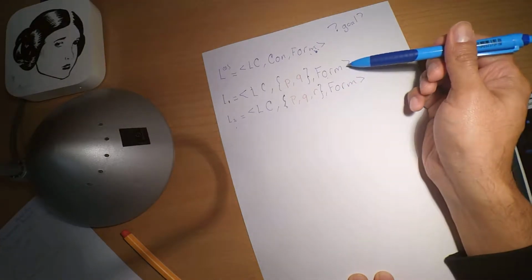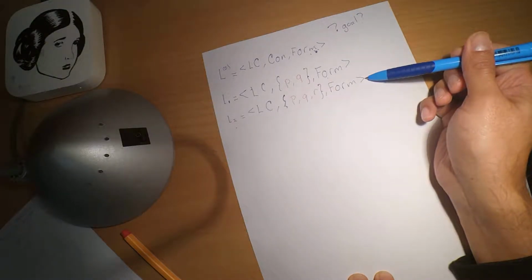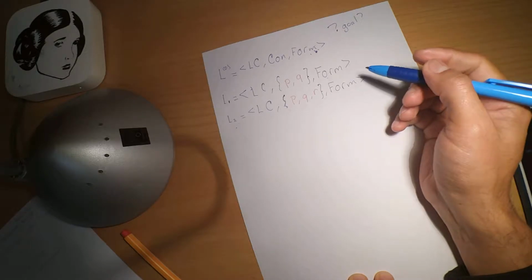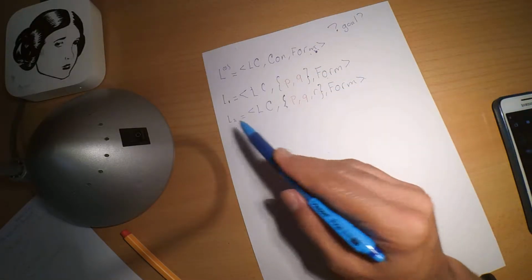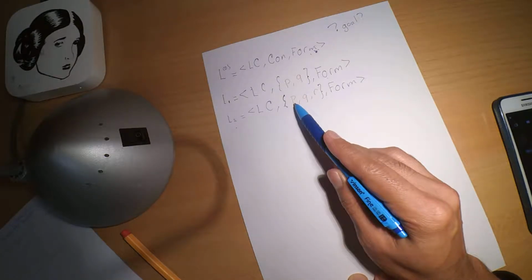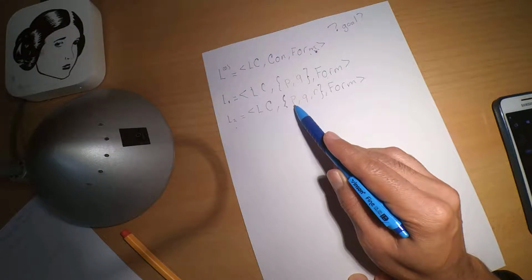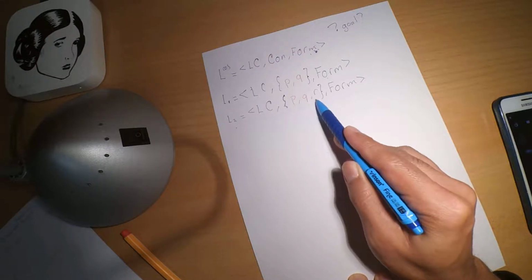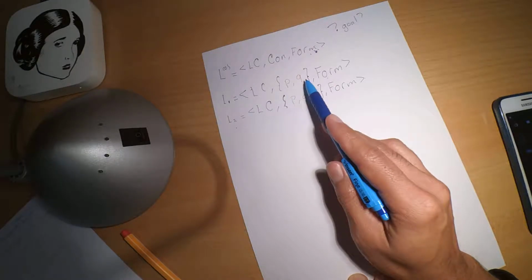What is the difference between special language 1 and special language 2? The only difference is that in L2 there are more elements in the non-logical constants, which are P, Q, and R, and in L1 we have just two, P and Q.